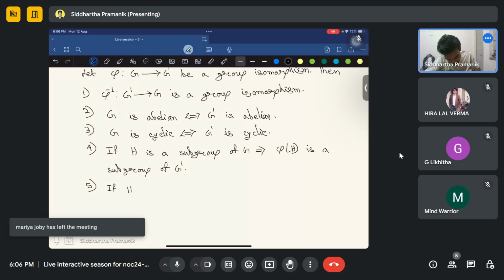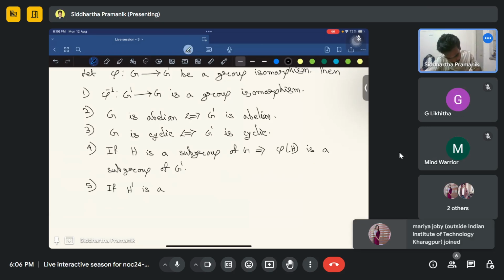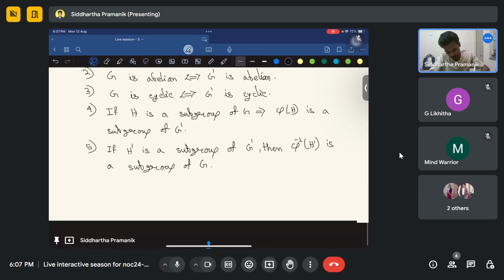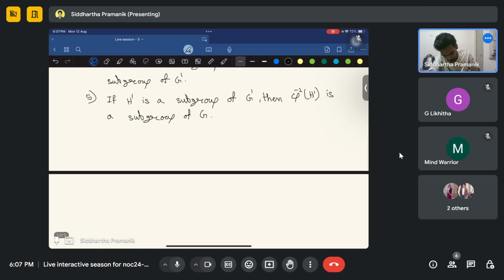So if H prime is a subgroup of G prime, then phi inverse of H prime is a subgroup of G. And sixth one is: we all know about the subgroup known as the center of a group.